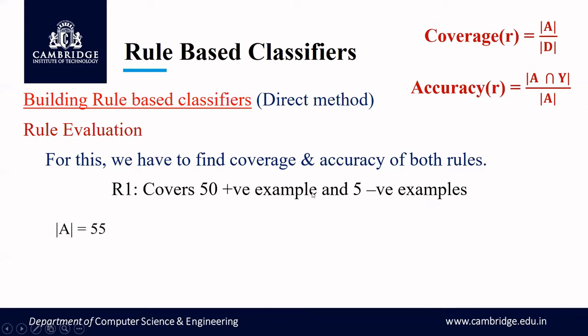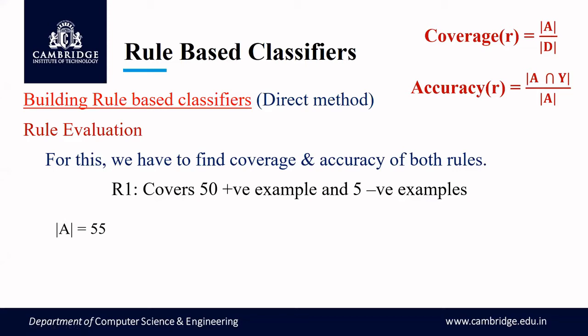For that, first I need to find |A|. So |A| here is how many records are being covered by rule 1. It is covering 50 positive and 5 negative, so in total we will get 55 examples, correct? Understood? Here |A| represents the number of records that match the antecedent part of the given rule.